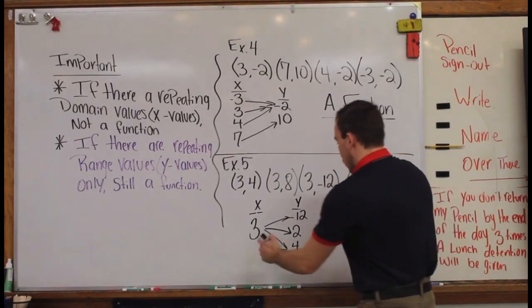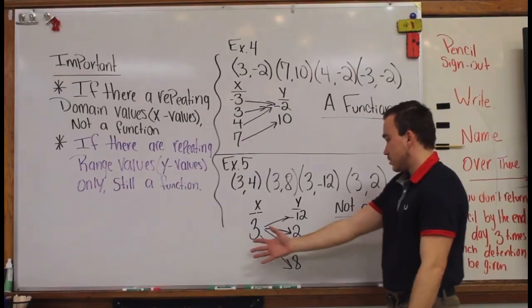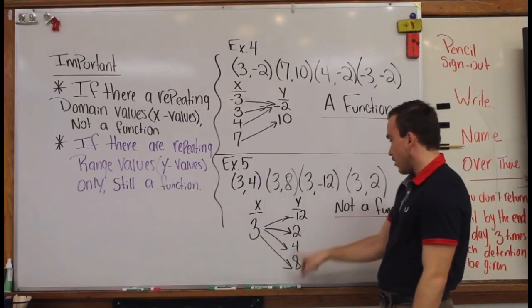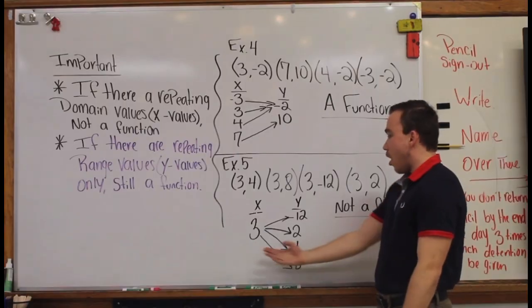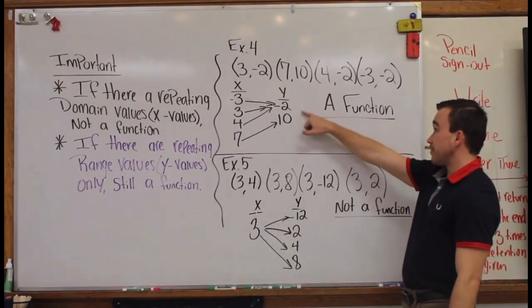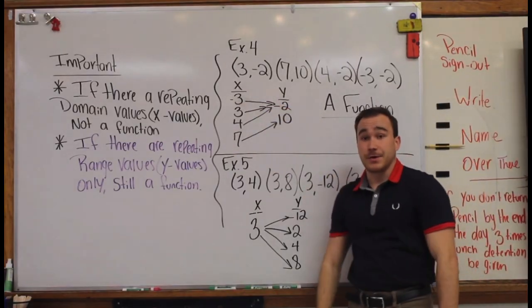We see that right here in example 5. We have 4 different outcomes, -12, 2, 4, and 8, all for the same input. Because of that, it is not a function. We can have repeating y values, like up here, but we don't have any repeating x values.